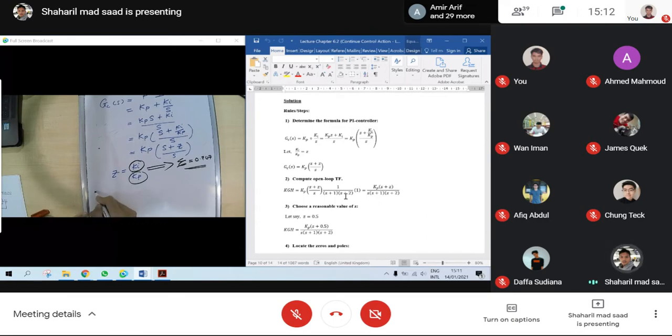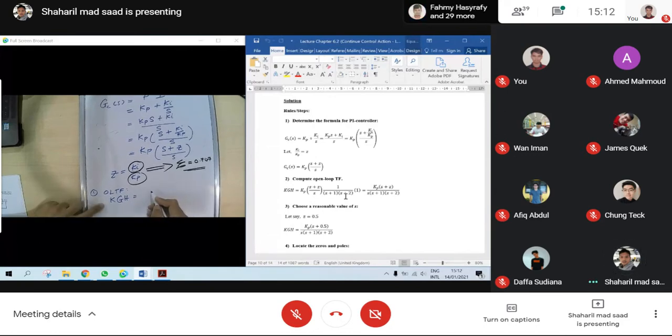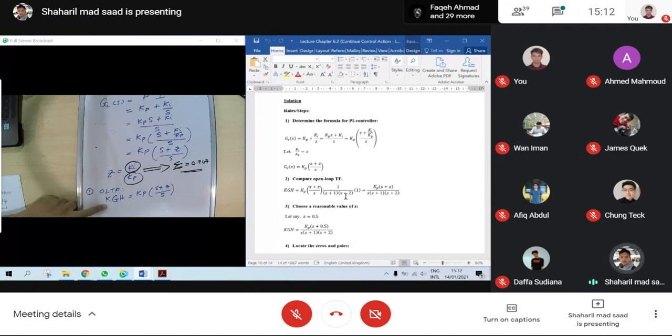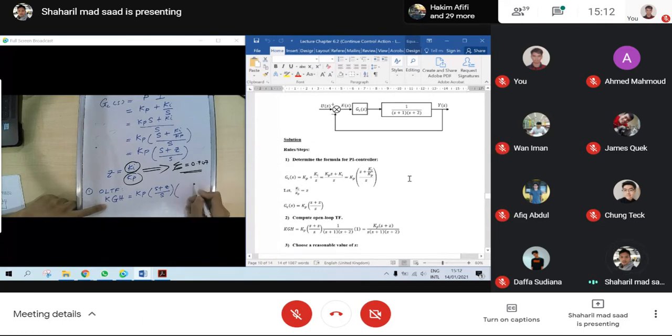So first step, you need to find the open loop transfer function, which is the K, G, and H here. Your K is the gain, Kp times S plus Z over S, and your G is the process, 1 over S plus 1, S plus 2.